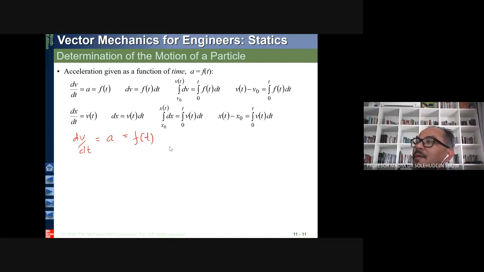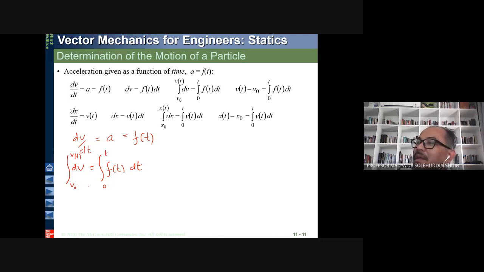So you cross multiply both sides. You get dv equal to f(t) dt. After that, we would like to integrate both sides. So this is dv, and you start with the initial velocity, and then v(t). And then the time, f(t) dt from 0 to t.